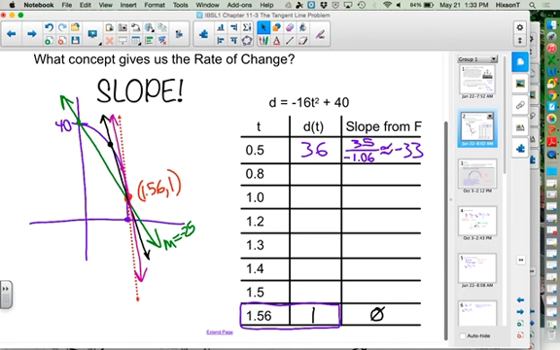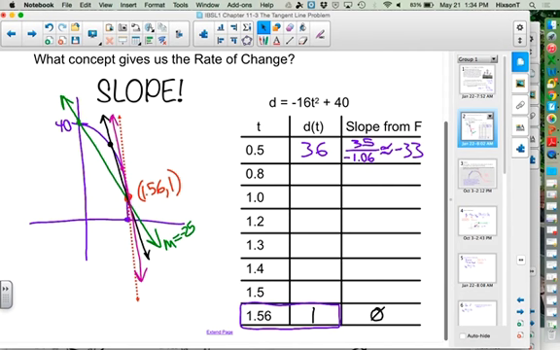You could even team up. Where did you get the 36 from? You just plug in the 0.5. The slope is the change in your y's over the change in your x's. I did 36 minus 1, and I did 0.5 minus 1.56 to get these.